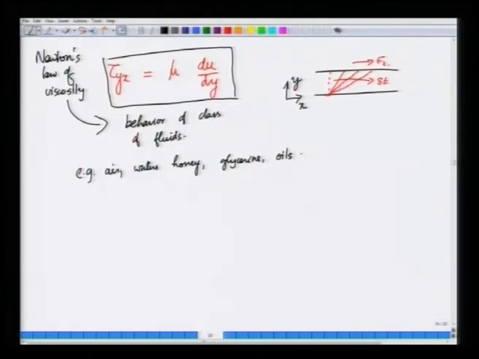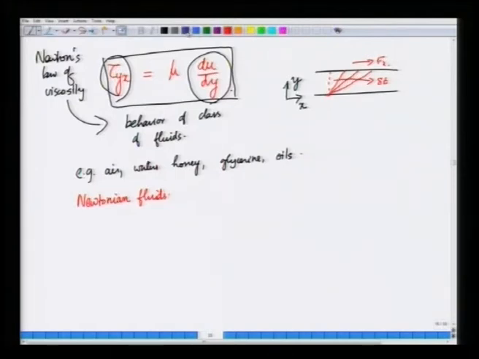There are lots of exceptions, but this is one of the simplest possible relations between the stress and the rate of deformation in a fluid. Fluids which obey this behavior are called Newtonian fluids.